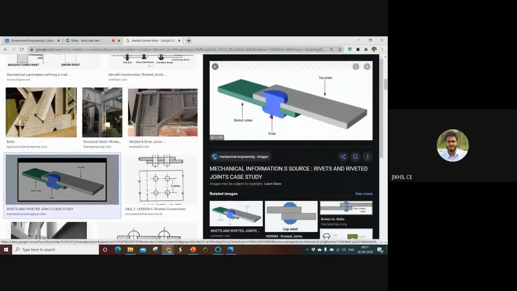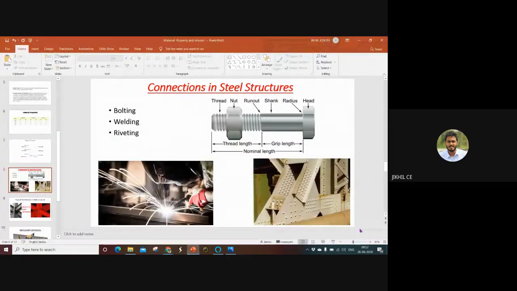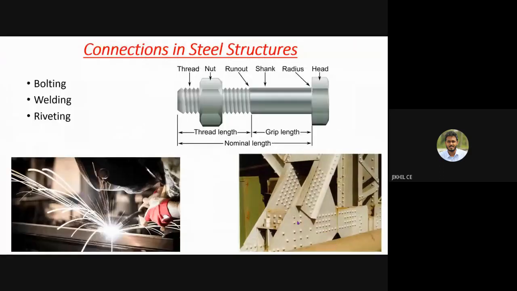This will be like the final shape. This is the head of the rivet, and you have the shank here, and the bottom portion is melted and hammered to make the rivet connection. So it looks like this rivet connection. This is the head, and you have the shank here. On the reverse side, you melt the shank portion and hammer it.